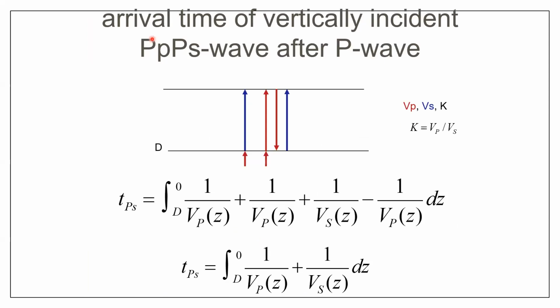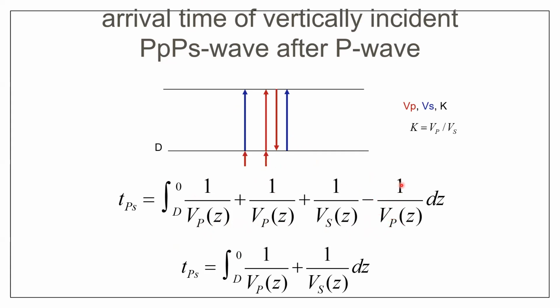So basically here, again you have taken the arrival time of the vertically incident PPPS wave after the P phase. Here we are trying to see the arrival time of another converted phase that is arriving in our receiver functions, that is the PPPS phase, and because it is having 2P and 1S, this timing will be seen relative to the direct P phase.